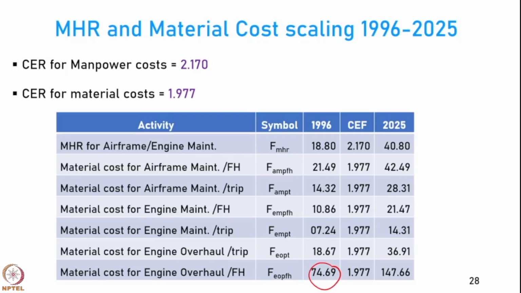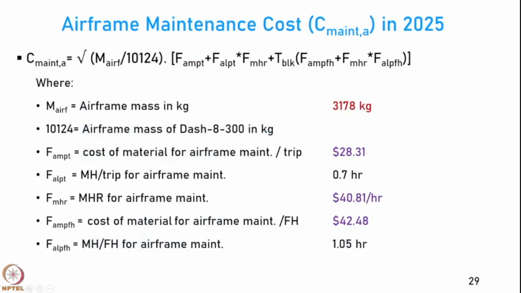So, after so many flight hours you need to do overhaul. If you divide it per flight hour, it comes to $74.69 way back in 1996, and that number today becomes 147.66 because we have a cost escalation of 1.977. So, these numbers will be used in the calculations now.